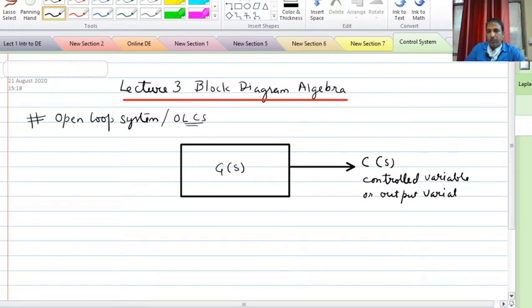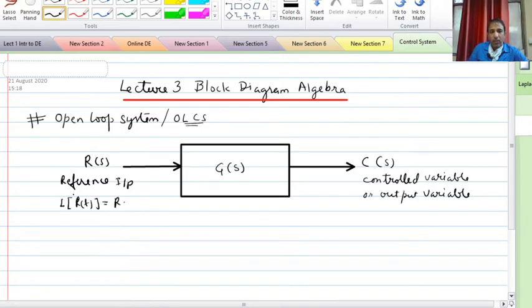Okay, where the input is defined as R(s), known as the reference input, represented in terms of its Laplace transform, that is, the Laplace transform of r(t) is equal to R(s).